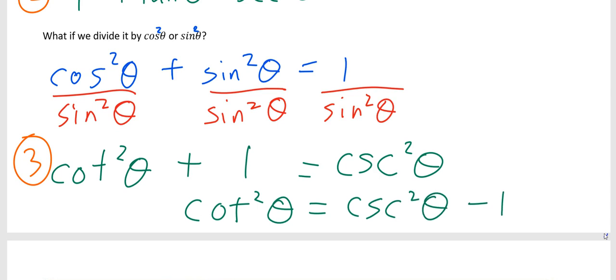You just used your algebraic skills to subtract 1 on both sides of that. So if you're working on a homework question and you see this thing right here, you can substitute that with cotangent squared theta because they're equal.